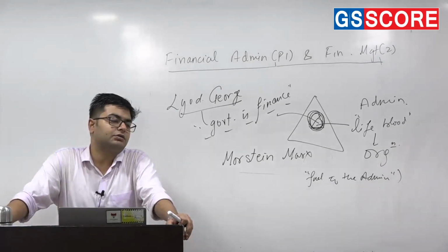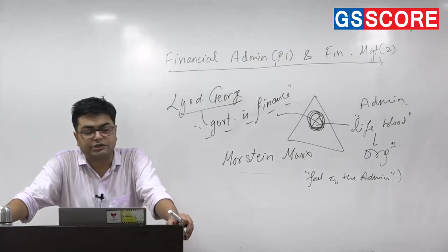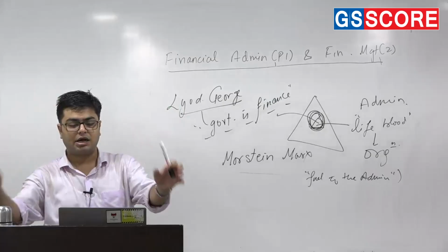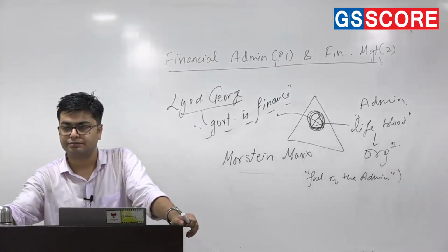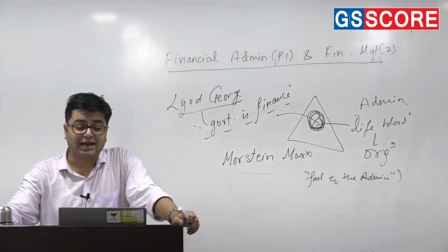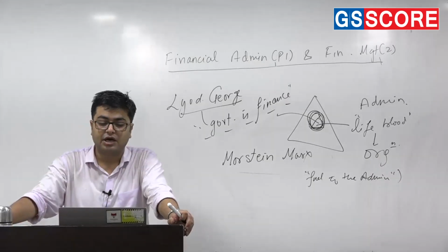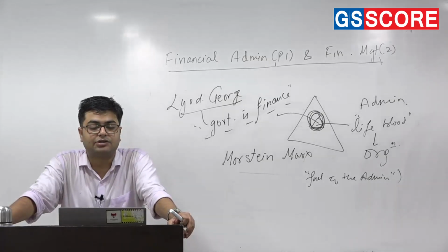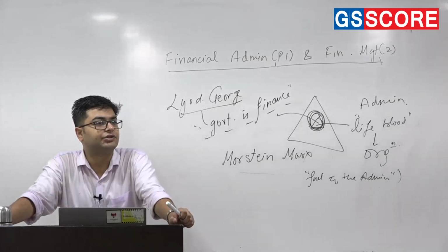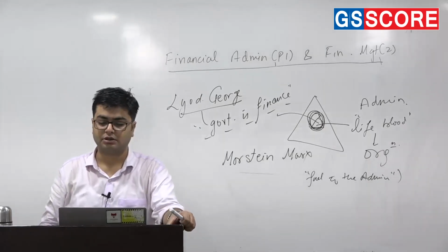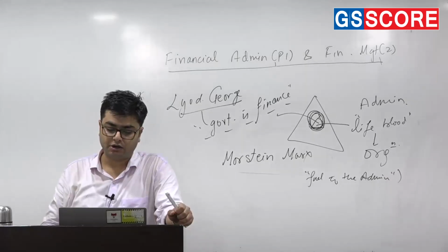So the definition of financial administration is nothing but finance and administration. We can say it is a set of activities relating to making available finance to different kinds of branches of an organization so that they can carry out their objectives.